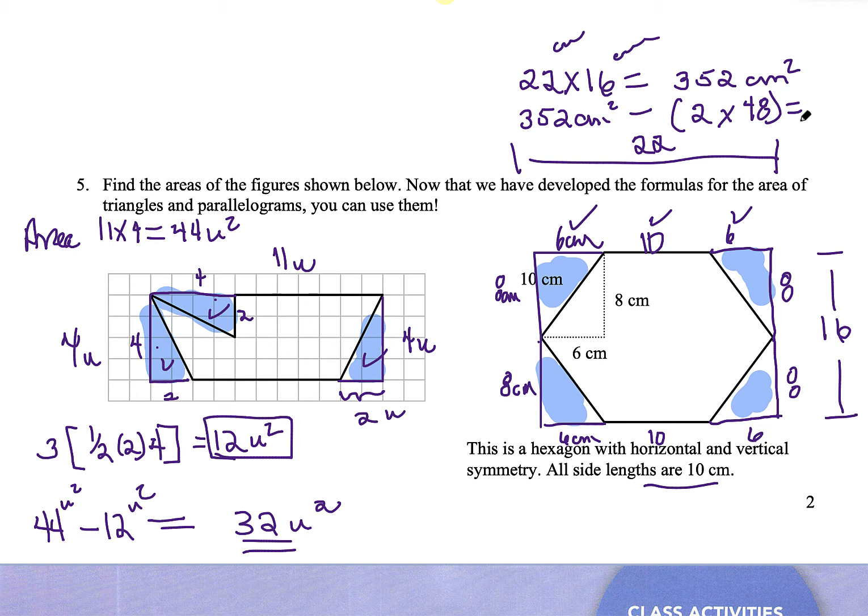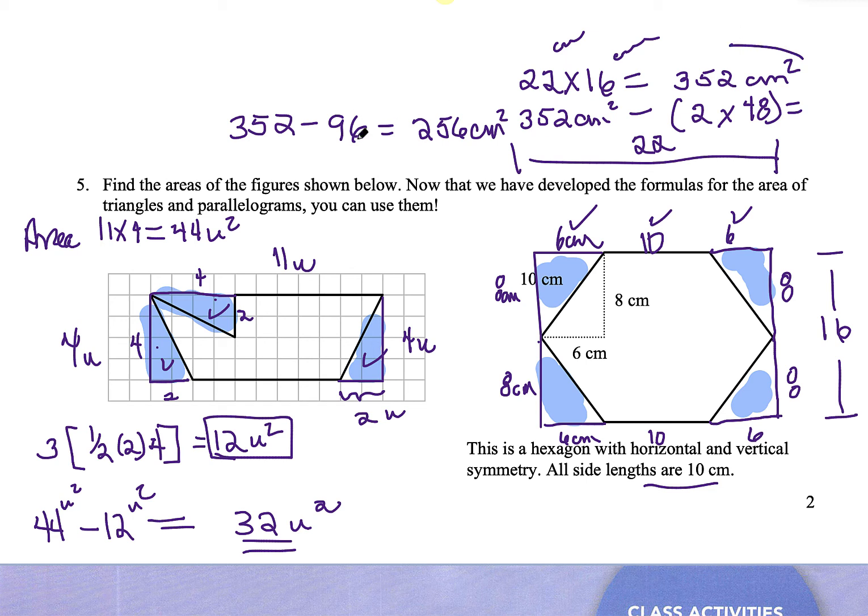And that will give us 96. So we've got 352 minus 96, or 256 square centimeters. So there are different ways of doing this as well.